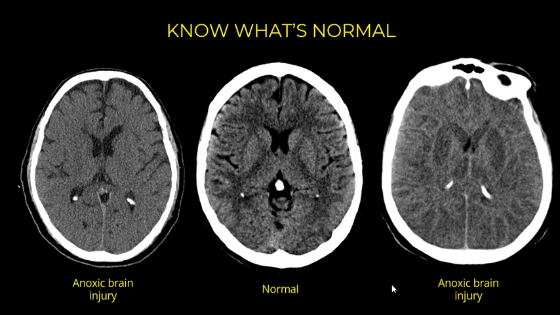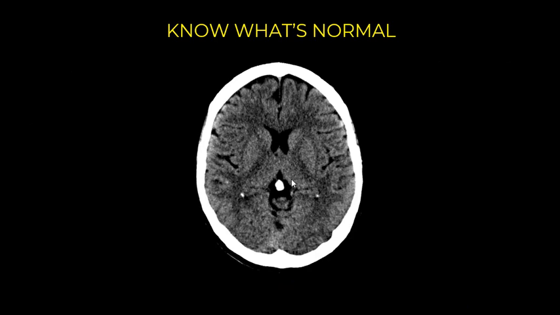This is what's normal, and this is what we will be emphasizing in this lecture. Gray matter and white matter have a similar appearance relative to each other, regardless of the age, etc. Gray matter, whether it's in the cortex or in the basal ganglia and thalami, what we call deep gray matter nuclei, is always denser, brighter than the white matter.